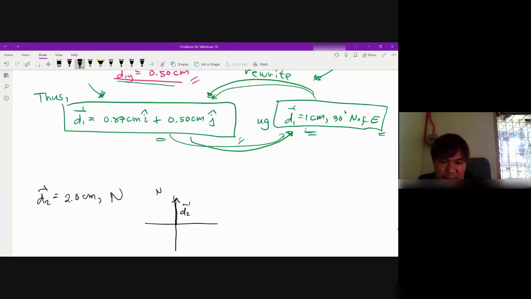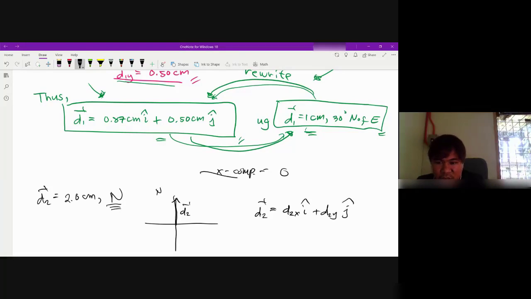So this is the easiest part, class, when you see north, south, or west. When you draw north, that vector lies entirely on the y-axis. So it has no x component. So the x component is 0. That would mean your vector D2 is equal to D2x i hat plus D2y j hat.